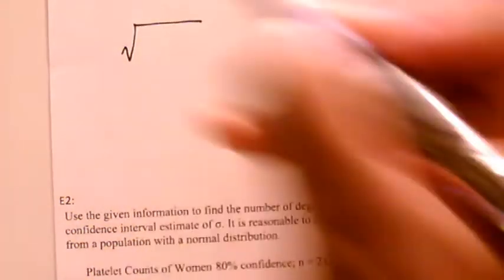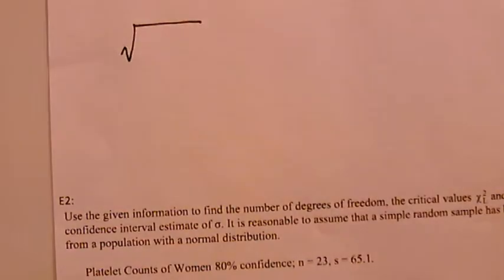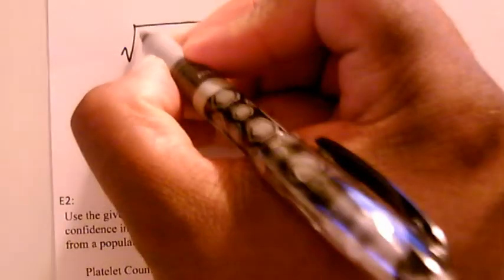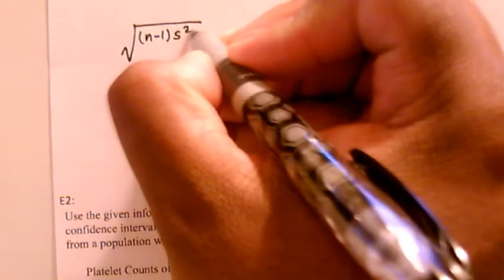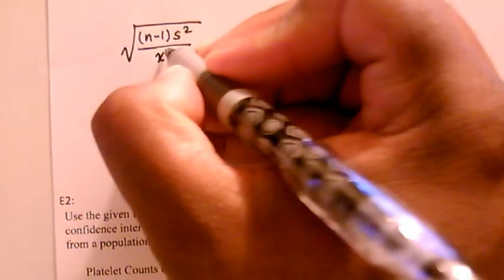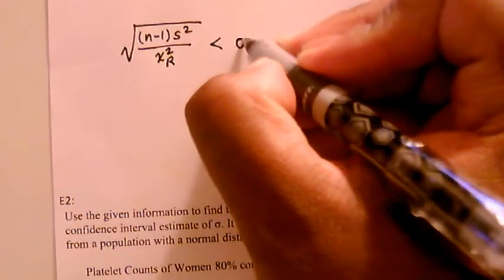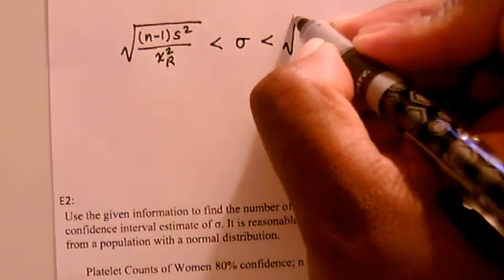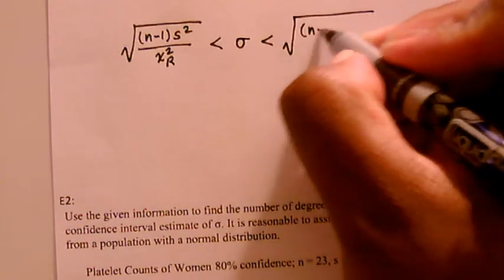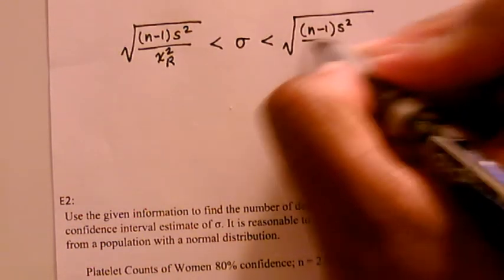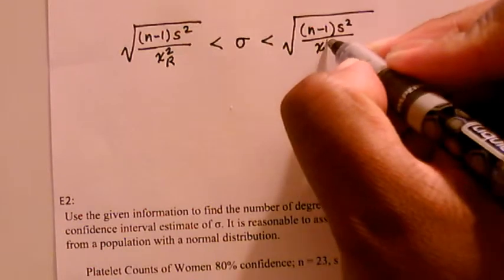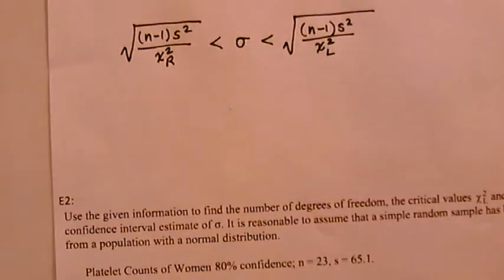I can use the format for the confidence interval for a population standard deviation, which is the square root of n-1 times s squared divided by the chi-square value on the right, that's less than sigma, and less than the square root of n-1 times s squared divided by the chi-square value on the left.